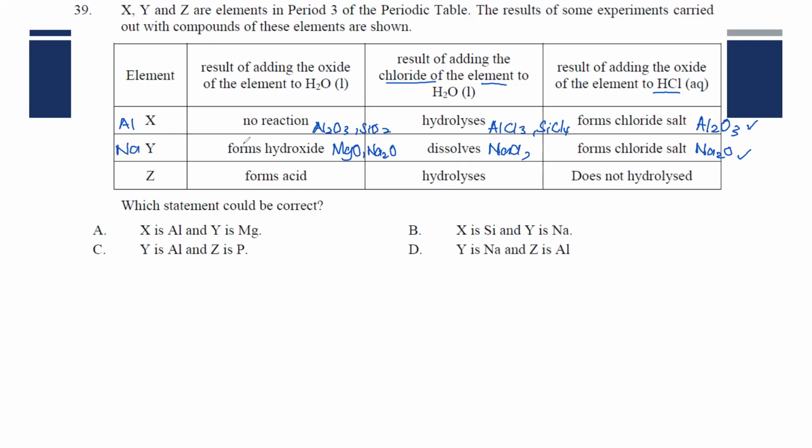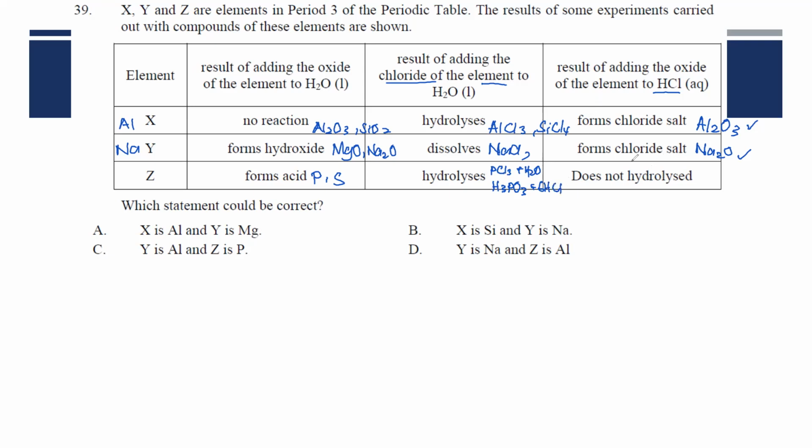As for Z, the result of adding the oxide to H2O forms acid, so it could be phosphorus, it could be sulfur. Then the result of adding chloride is hydrolysis, so PCl3 will undergo hydrolysis in water to form H3PO3 plus 3HCl.